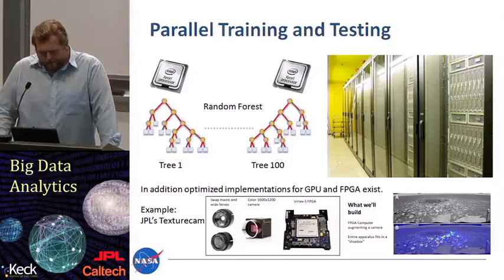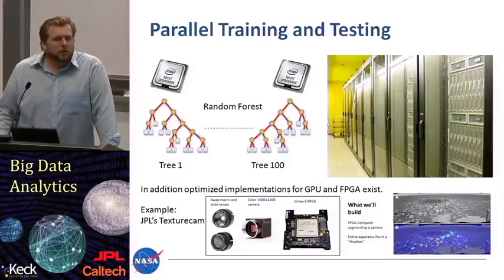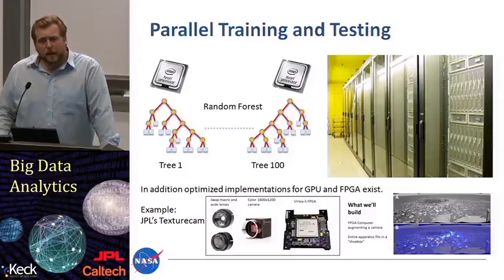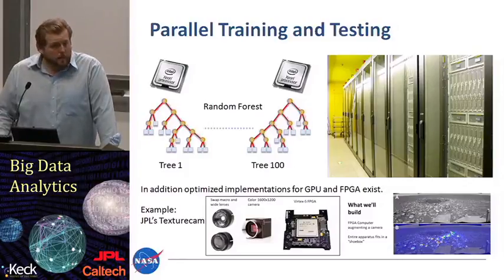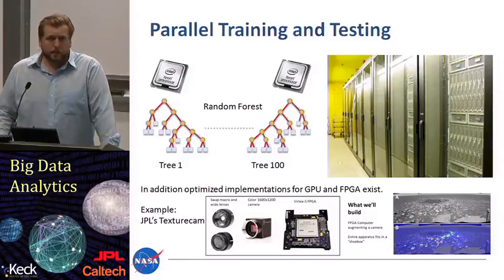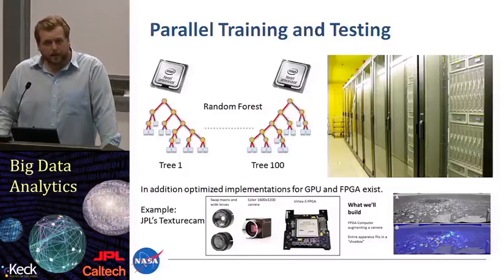In addition, this ability makes them also quite straightforward to implement for GPUs and FPGAs. So in practice, there are highly optimized variants of random forests for these kinds of hardware platforms. And one example is Microsoft's Kinect, where they have an implementation for skeleton recognition. Or in our case, on the bottom is an example from JPL.